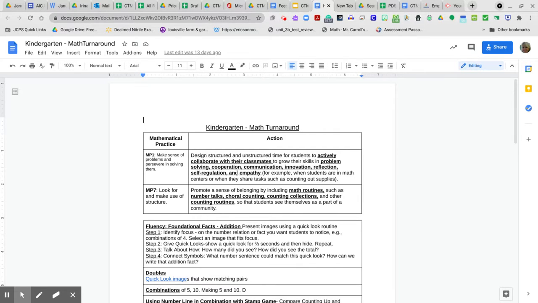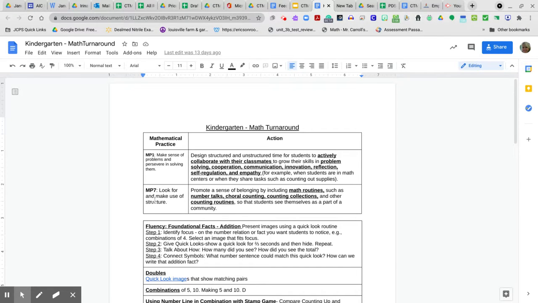And then right here is the action, what you can do in the classroom: design structured and unstructured time for students to actively collaborate with their classmates, to grow their skills in problem solving, cooperation, communication, innovation, reflection, self-regulation, and empathy. For example, when students are in math centers or when they share tasks such as counting out supplies.